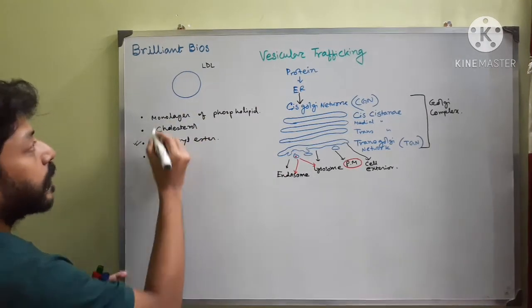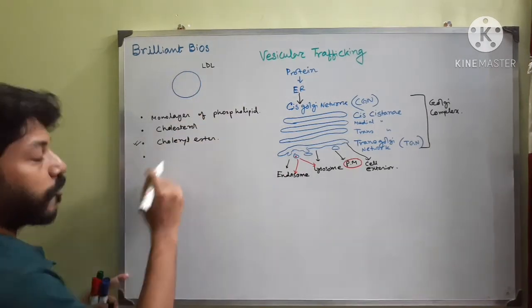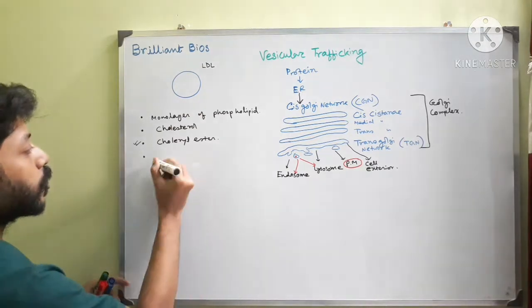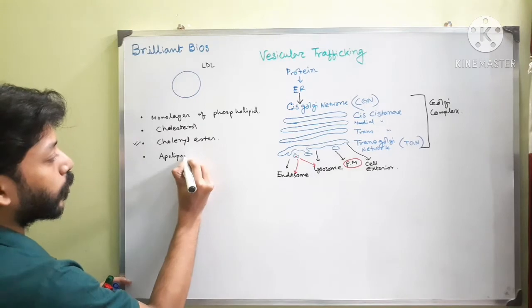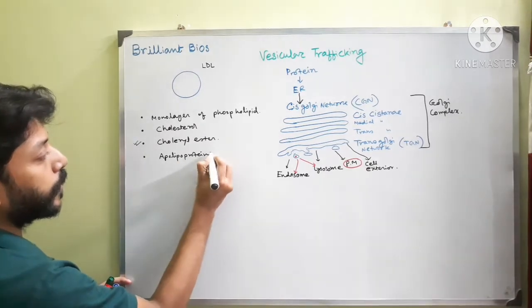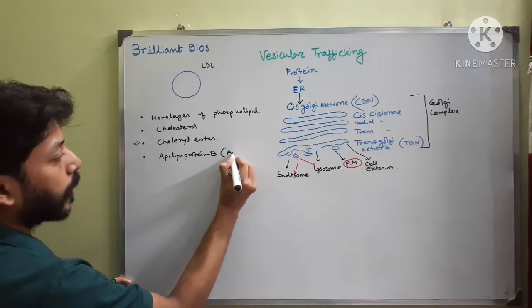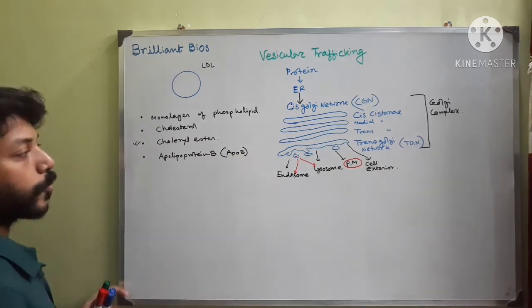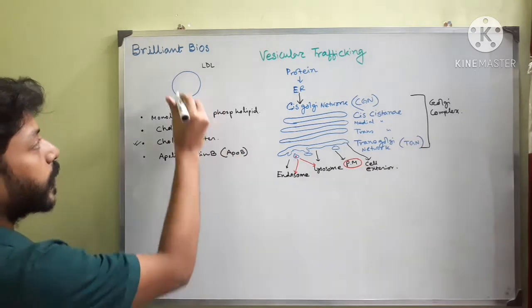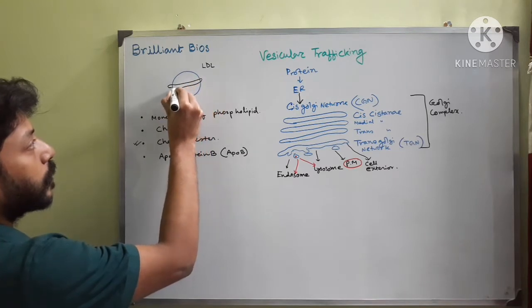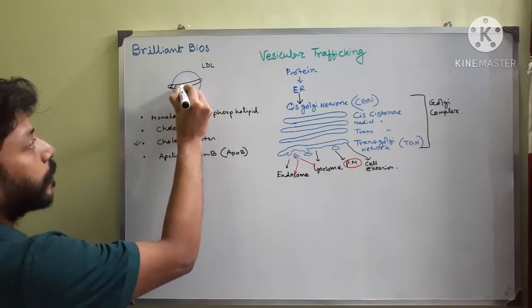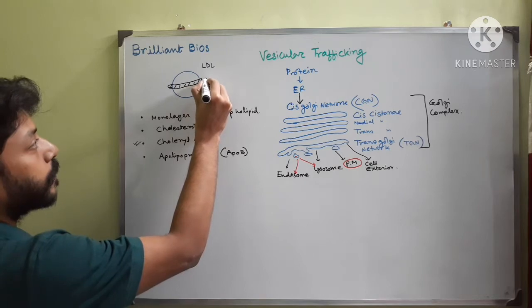Another feature is that LDL is wrapped by a protein called apolipoprotein B, or in short ApoB. This protein is wrapped around the low density lipoprotein. So this is ApoB.